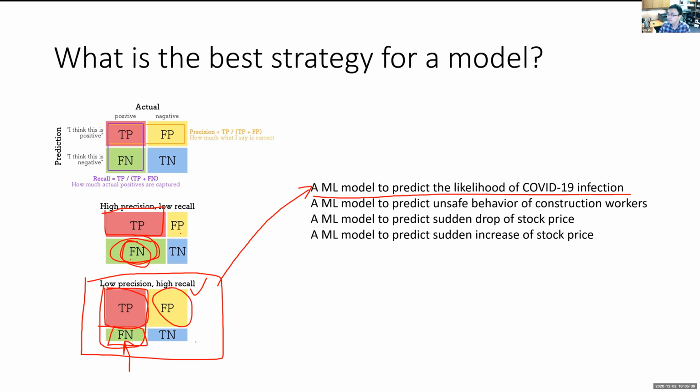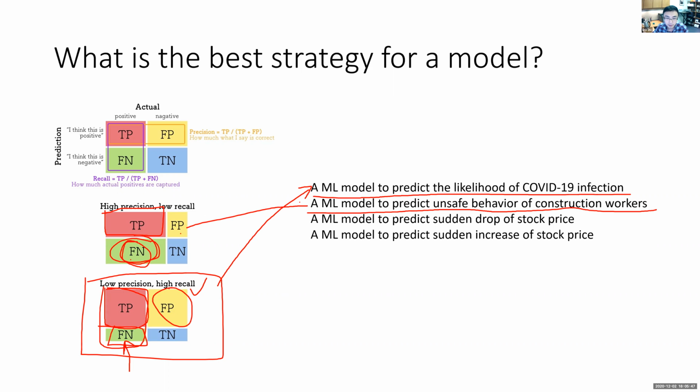Make sense? But a machine learning model to predict unsafe behavior of a construction worker, which situation did we have there? This situation. Remember that? So this one means I want to shrink the size of false positive. And coincidentally, this is the calculation for precision.